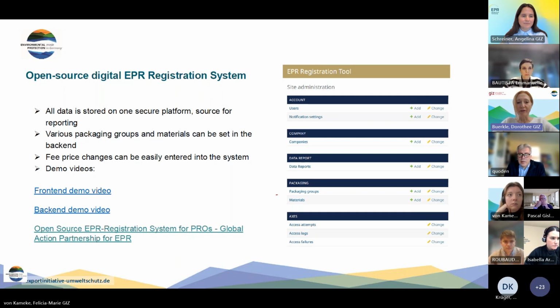And also the fee prices can easily be changed and entered in the system. We do have demo videos. I'm not going to show them right now. You can find them in the links, and also the last link here is on the GAP for EPR website, and you'll find all the information there as well. Next slide.